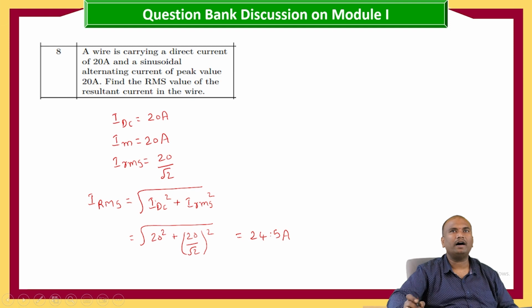This is the RMS value of a current which is flowing through the wire.